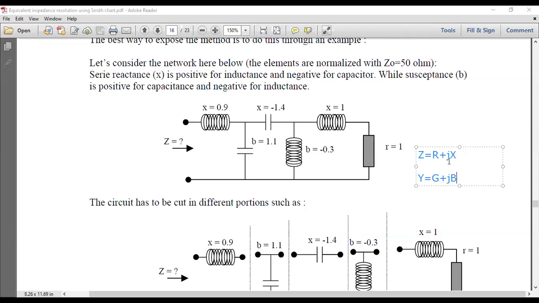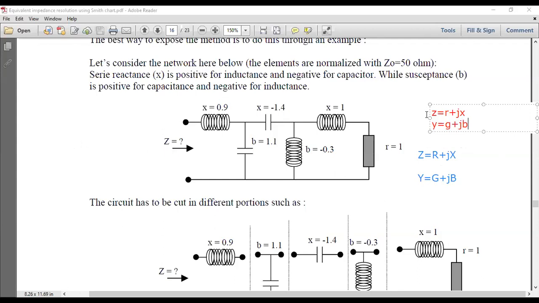So this resistance, now I write it in capital. Capital means it is the normal resistance. But now I'll write it in small. Everything is in small. Small means that is the normalized value. So in the normalized form, it is z equals the same r plus jx and y equals g plus jb.